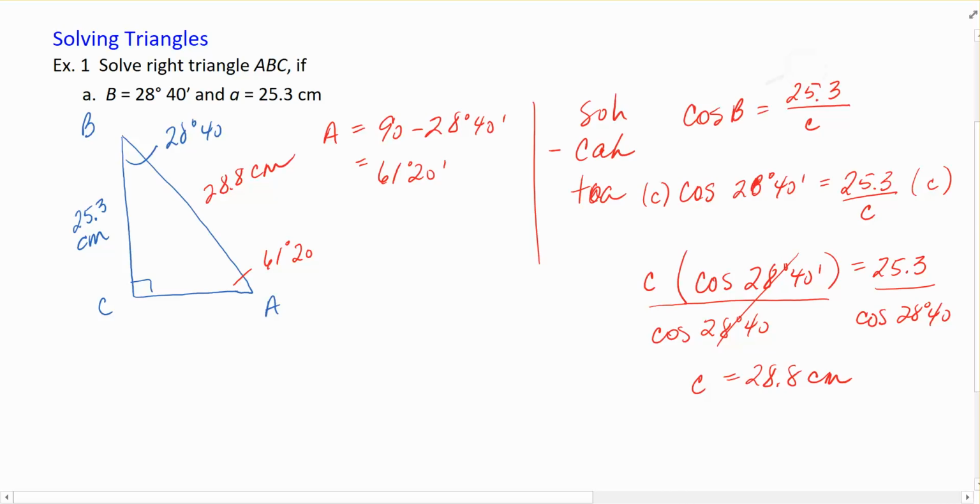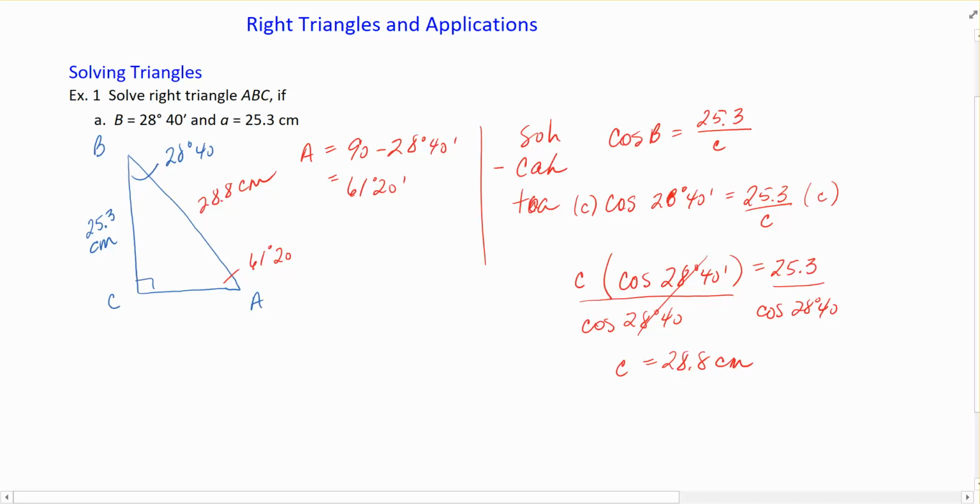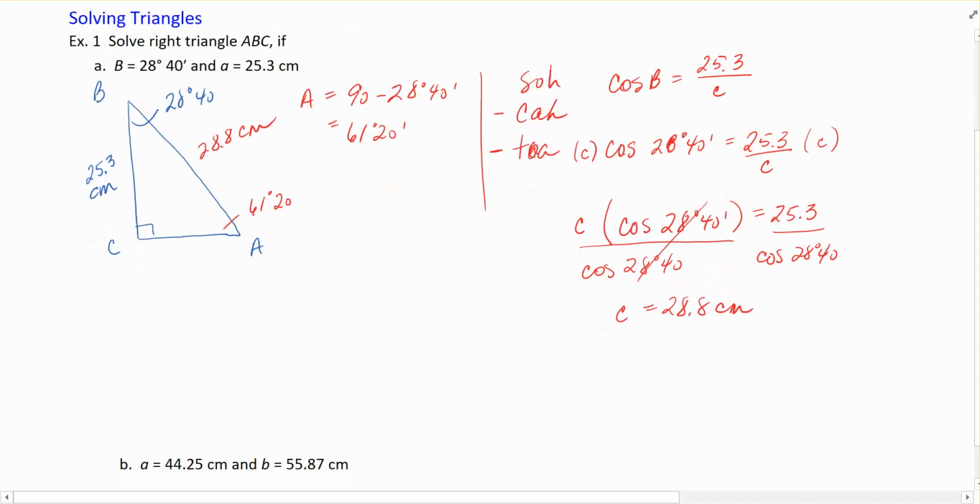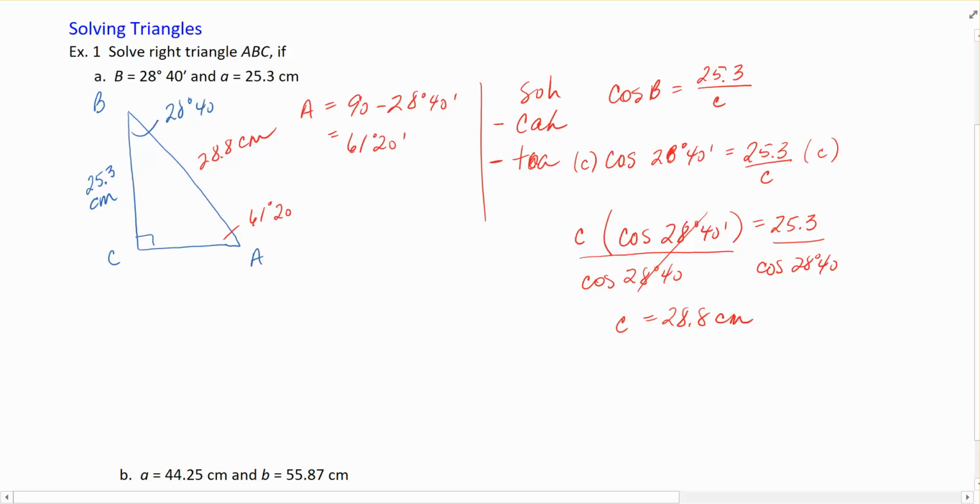Now, at this point, I have a couple of options. I can use TOA, tangent, in order to find the missing side that you see here, side B, or I can just use the Pythagorean theorem because I've got 2 out of the 3 sides already calculated. So let's do that.